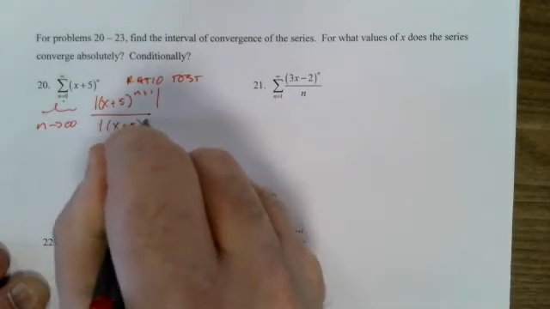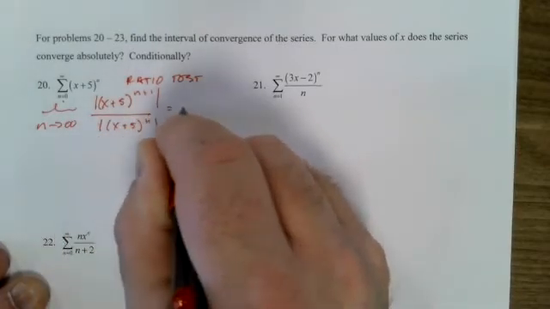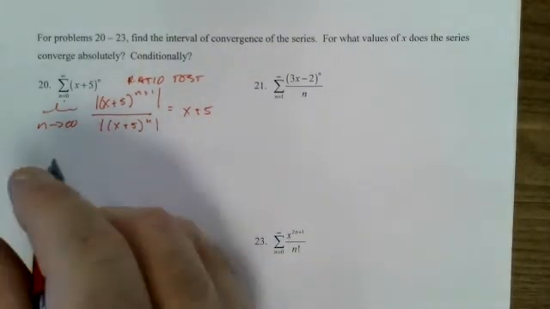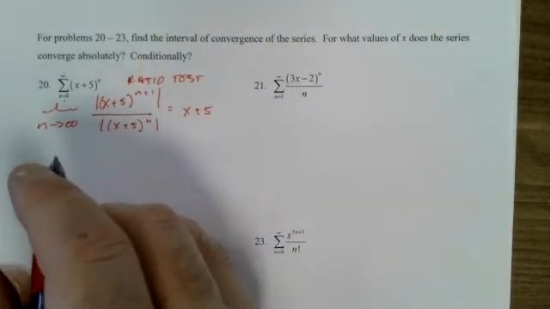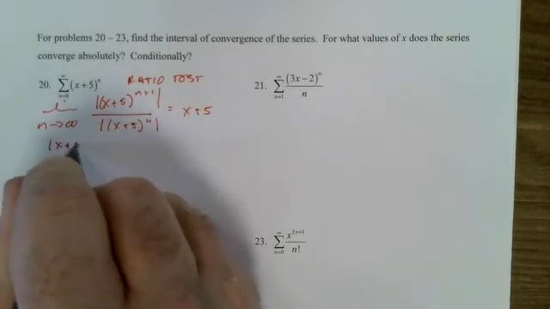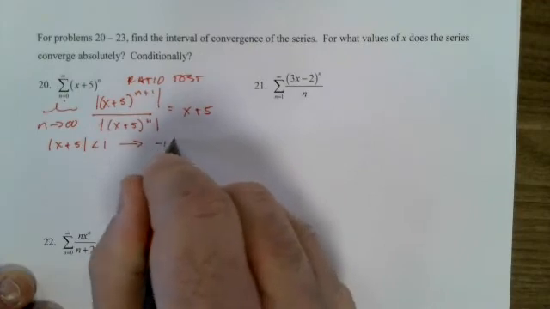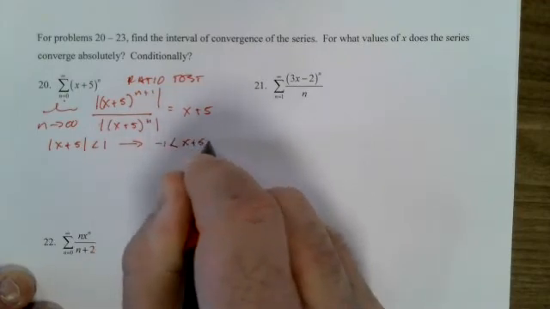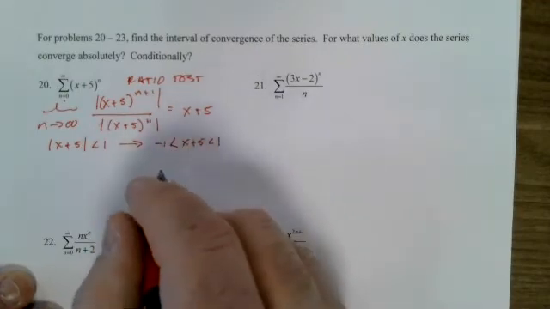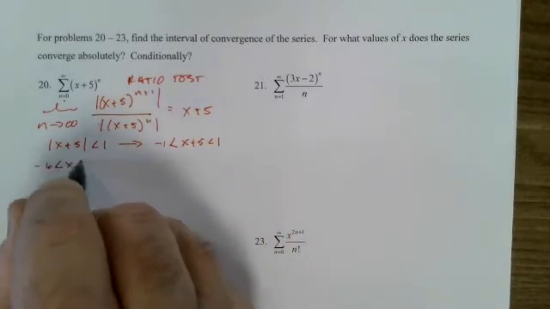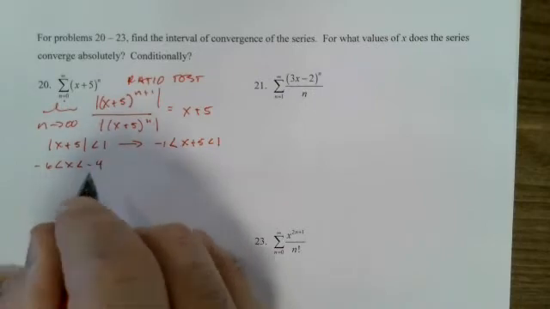So we do all this fun stuff. Absolute value of x plus 5 less than 1. -1 less than x plus 5 less than 1. -6 less than x less than -4.